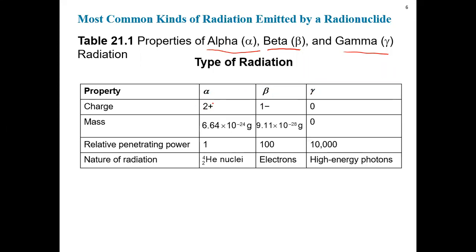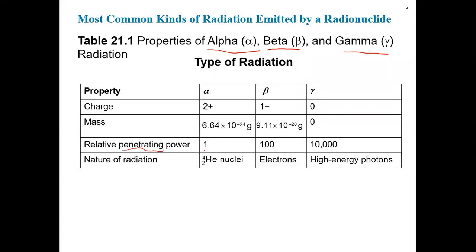Alpha particle is actually a helium nucleus. So what is the charge? This charge is 2 plus. And what is the mass? This is the mass. Then here are some more properties. The penetrating power is 1, which means the power of going through some of those barriers.